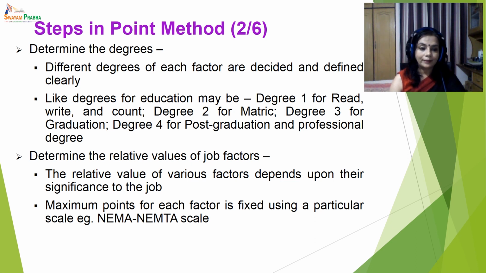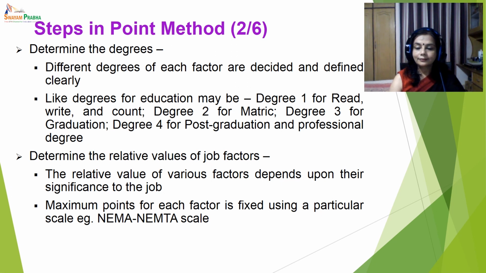Determine the relative values of the job factors. The relative value of various factors depends upon their significance to the job. Maximum points for each factor is fixed using a particular scale. For example, if you go into the details, you will find a NEMA-NEMTA scale, and on the basis of that you can fix the maximum points for each factor.